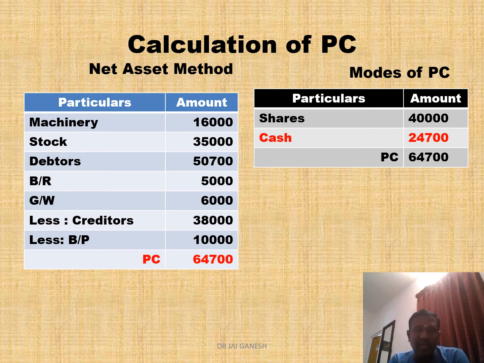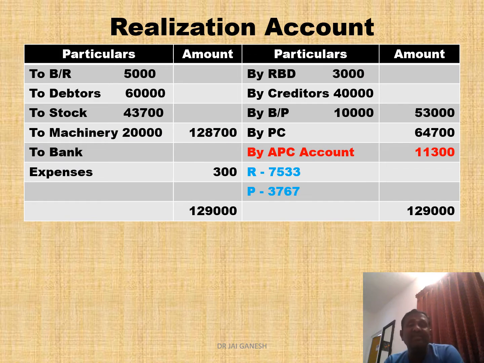So these are the assets taken over, less creditors taken over, less BP taken over. So we get a purchase consideration of 64,700. Out of 64,700, 40,000 is paid in the form of equity shares and 24,700 is paid in the form of cash.